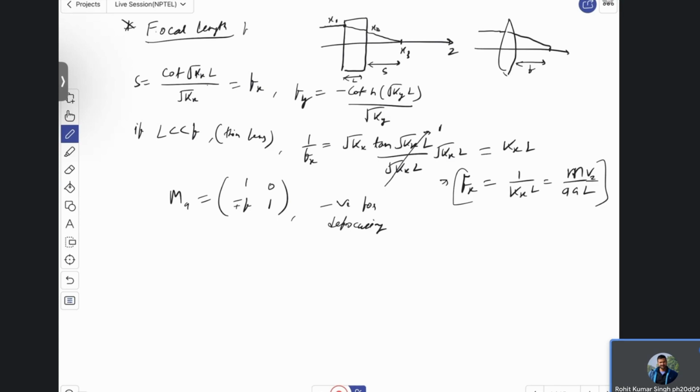Now we can also see what happens for a beam. So this is all for a single charged particle. Now, suppose we have a beam of particles moving.